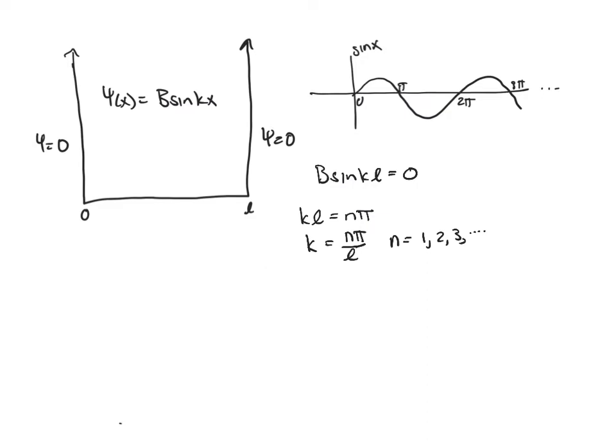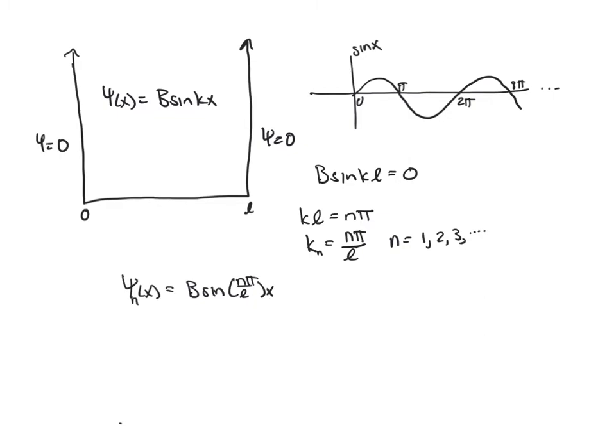So this is our first example of a quantized system. Notice that because we have to have a continuous function, that restricts our values of k to integer values of pi over L. And so our wave function inside the box is equal to b sine n pi over L times x.